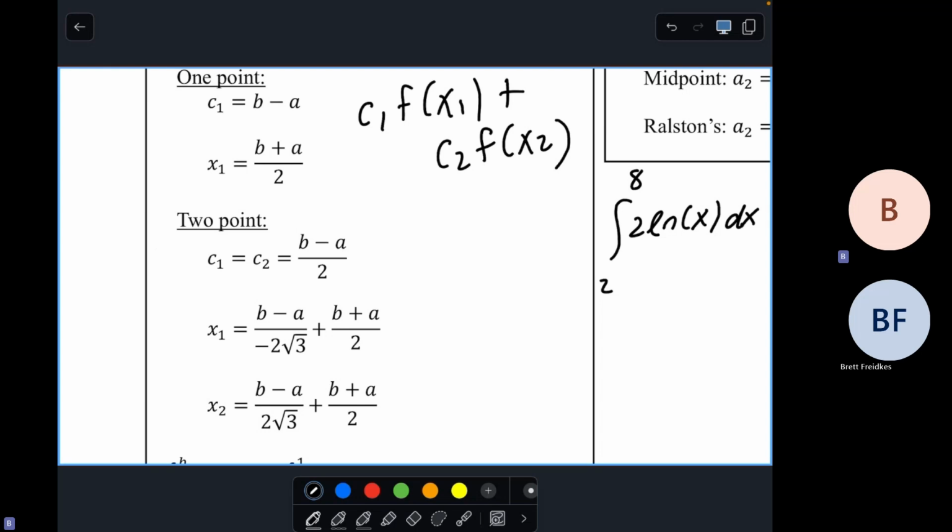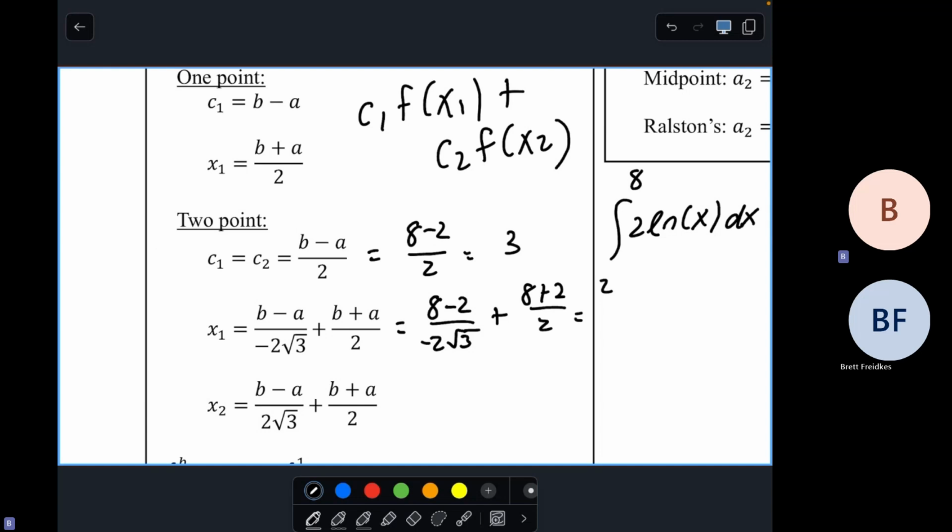Because this is mostly algebra, I'm just going to do the math on this because it's not that hard of a problem. C1 and C2 is B minus A over 2. That would be 8 minus 2 over 2. That is 3. Then for this, we want to plug in B minus A. So 8 minus 2 over this square root term plus 8 plus 2 over 2.